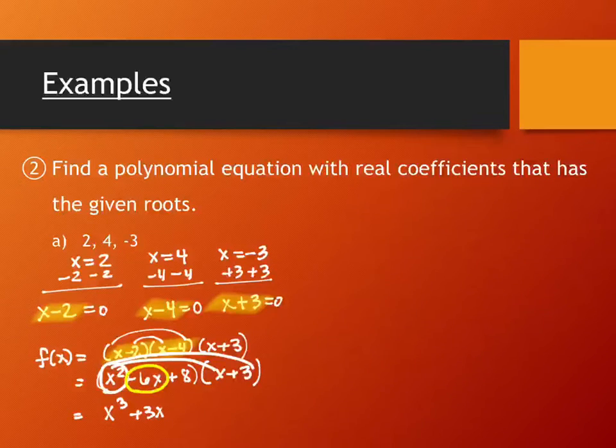It's negative 6x, and I'm going to multiply it by each of them. So negative 6x times x is negative 6x squared. And negative 6x times 3 is negative 18x. And then we go with our last term. I've got my 8. 8 times x is 8x. 8 times 3 is 24.